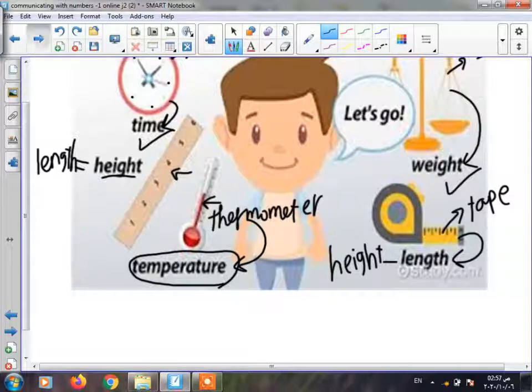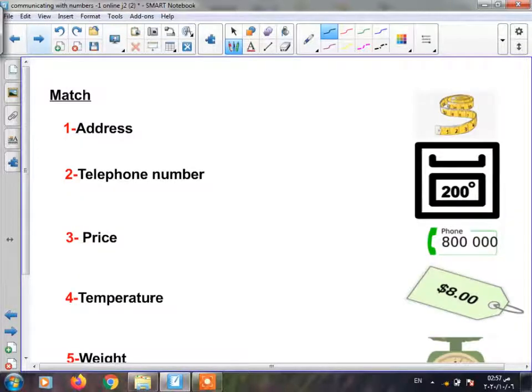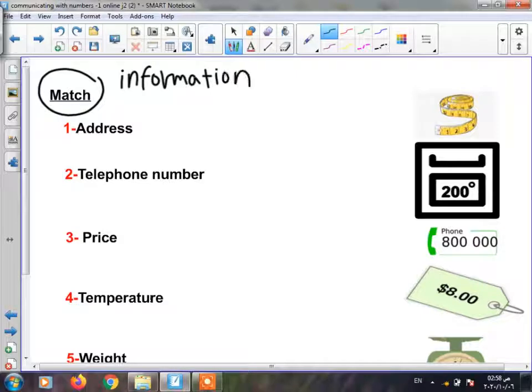Okay, let's practice with each other. I ask you a question, match the question. You have this side, the information side, and here are the shapes of symbols I use to get this information.